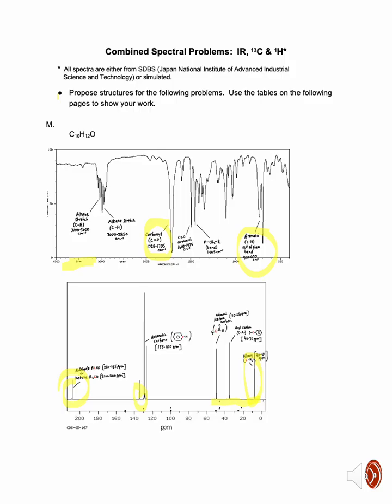Moving on to this C13 carbon NMR right over here. Looking at the spectra from left to right, the first thing that I notice is the peak above the 200 parts per million right over here. So this peak is indicative of an aldehyde or ketone.